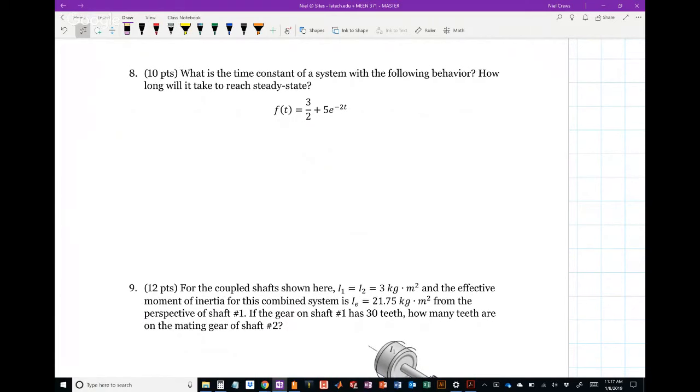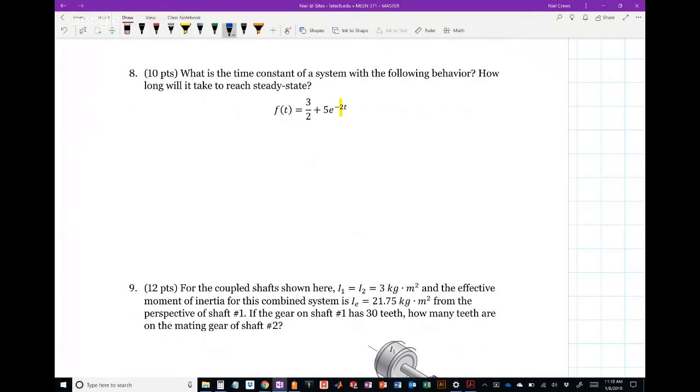So number 8. This question is, what is the time constant with the following behavior? How long will it take to reach steady state? Okay, what we look at here is the exponent of the coefficient, and so it's always going to be the inverse of that.